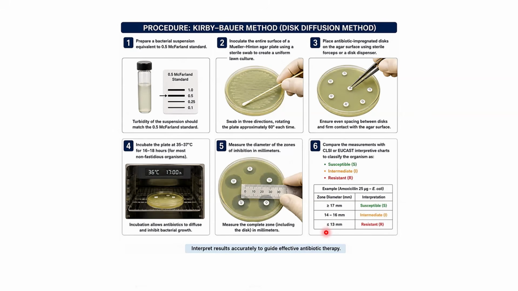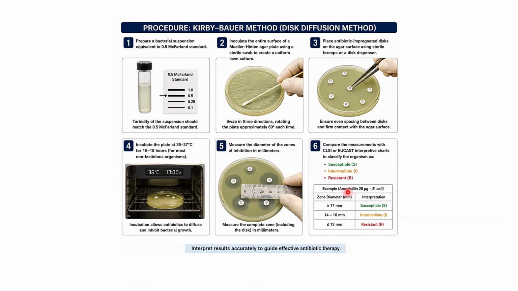And if the zone of inhibition is equal to or less than 13 millimeters, then we record it as resistant, which means that the bacterium E. coli is resistant to the antibiotic amoxicillin.